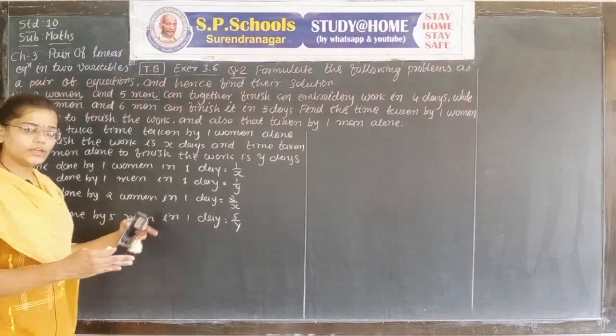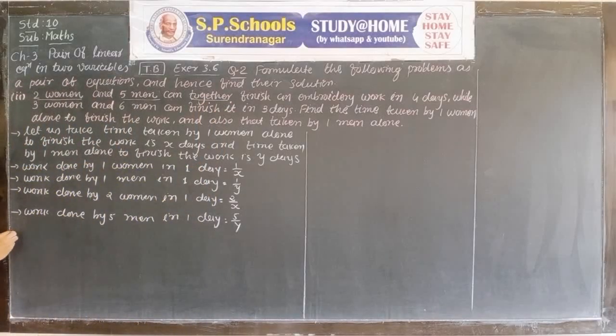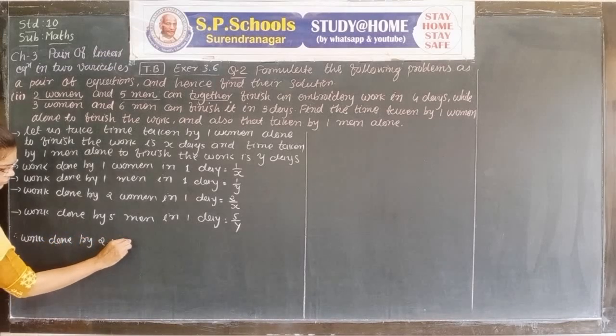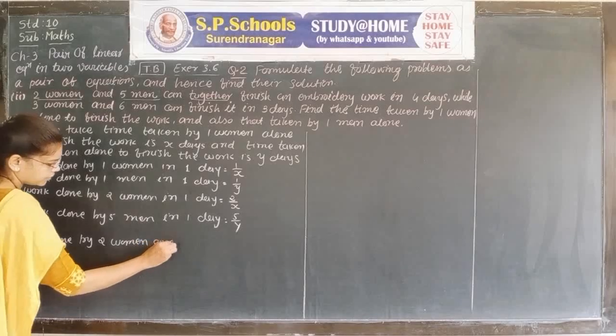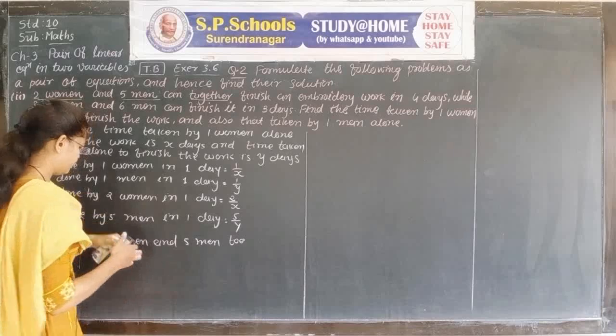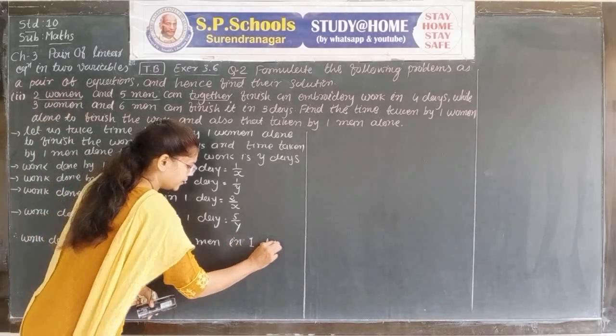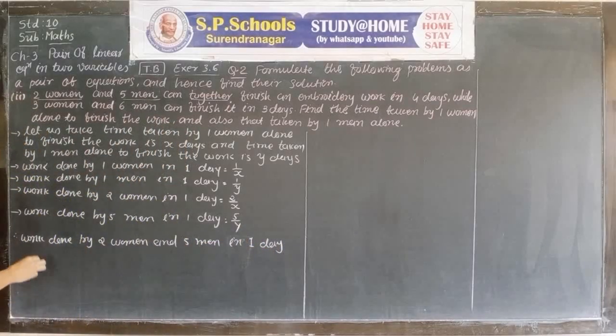But they are not doing separate work, they are doing work together. Therefore, the work done by 2 women and 5 men in one day together is equal to 2 upon x plus 5 upon y.